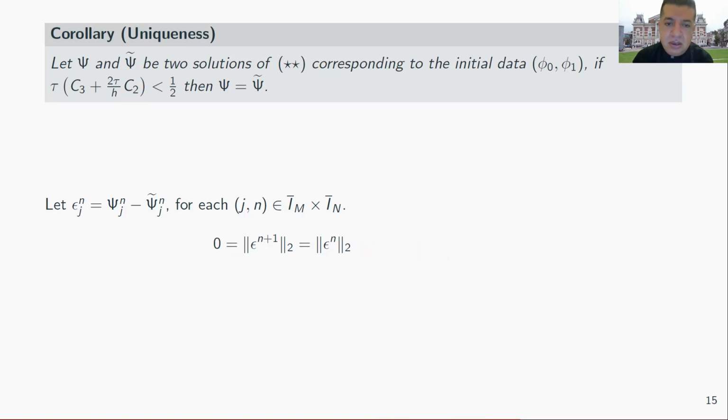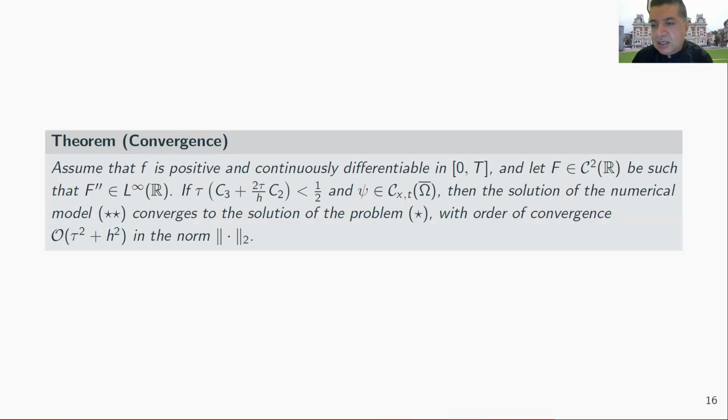So all the errors are equal to 0. Therefore, the solution is unique. Okay, the theorem about the convergence can be proved using the same arguments previously presented. So we omit the demonstration.